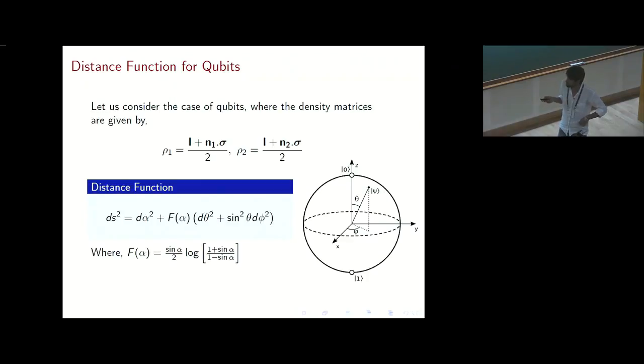If you observe, there is a spherical symmetry in this term. So from now onwards, I would restrict our calculations to a plane where the states lie, because of the spherical symmetry I can always replace this with just d theta squared. This makes my calculations a little easier. So this is just an equation.